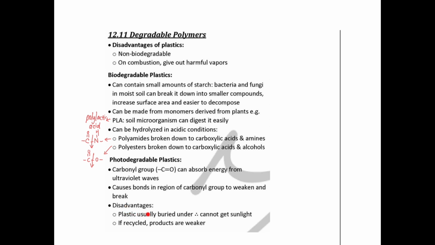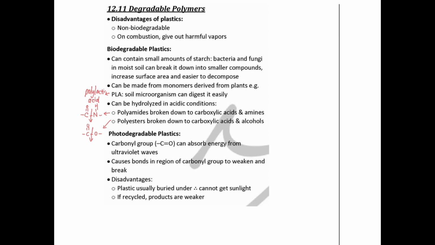Disadvantages: plastic is usually buried under the soil, so it cannot get sunlight. If recycled, products are weaker. That means if you recycle photodegradable plastic, it is already weaker. So that is the disadvantage, and no more.